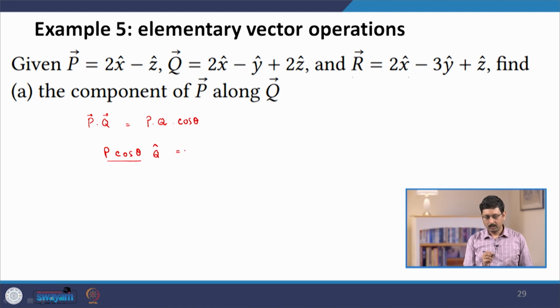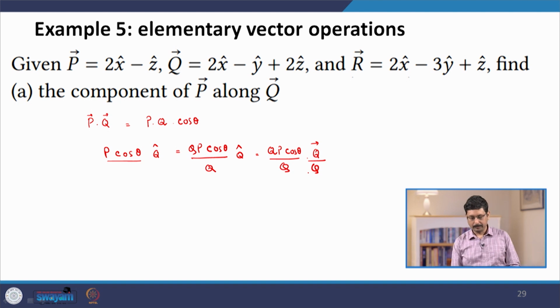Note that I can write this, now I apply the definition of dot product and unit vector. So, I can write this as p times q times cos theta divided by q, times q hat, which is the same as q times p cos theta divided by q, times the unit vector q hat, which is the vector q divided by the magnitude of q.